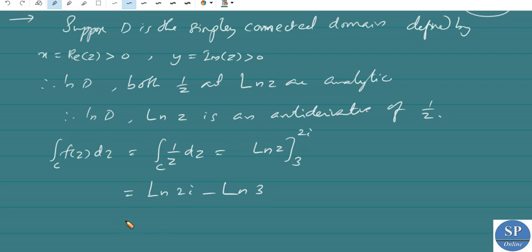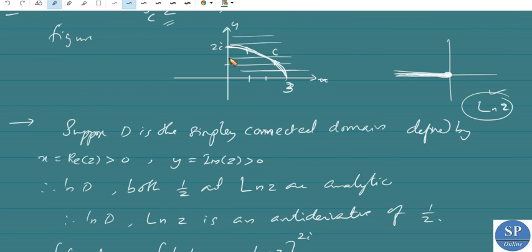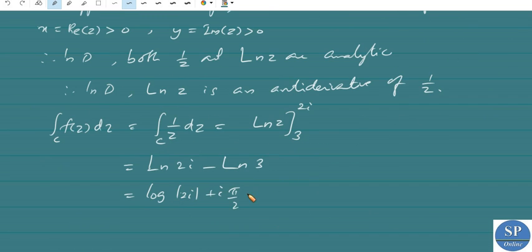We know ln 2i is equal to log of mod 2i plus i into the argument of 2i. The argument of 2i is pi by 2, because the point 2i lies on the positive imaginary axis. Minus ln 3, and we know ln 3 is log of mod 3 plus i into the argument of 3.